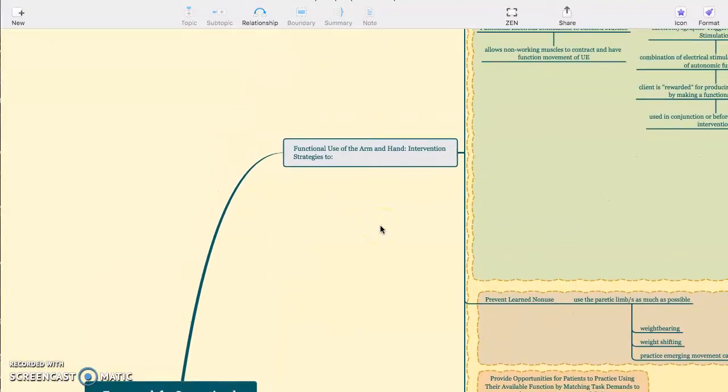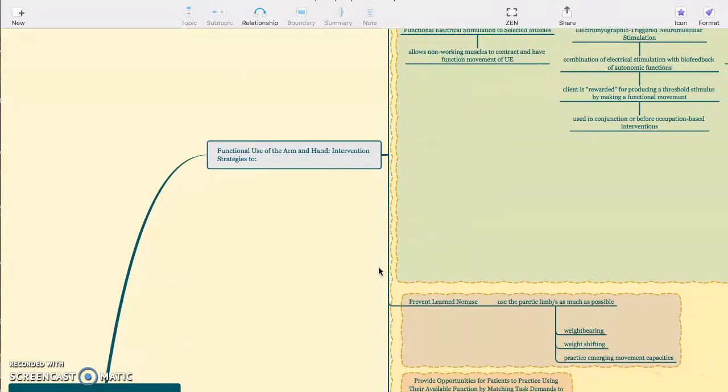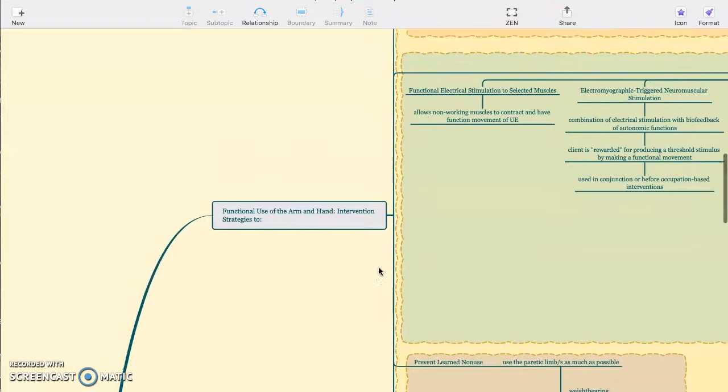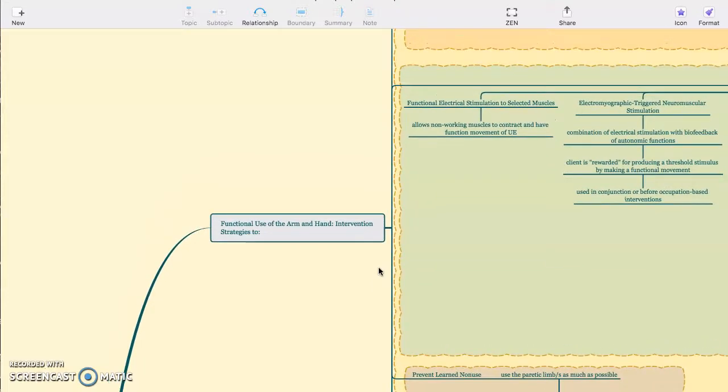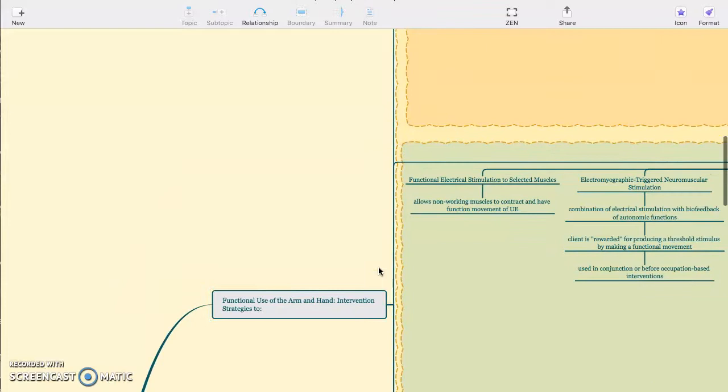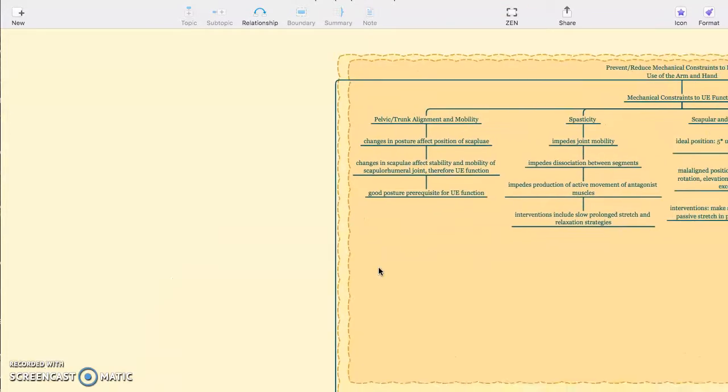In regards to functional use of the arm and hand, occupational therapy has intervention strategies to prevent and reduce mechanical constraints to functional use, promote the capacity to generate contractions of specific muscles in a paralyzed arm, prevent learned non-use, provide opportunities for patients to practice using their available function by matching task demands to the person's current capabilities, develop effective motor programs for reach and grasp, and help patients develop task analysis and problem-solving skills so they can continue to use their arm and hand in a variety of new situations after OT rehab.